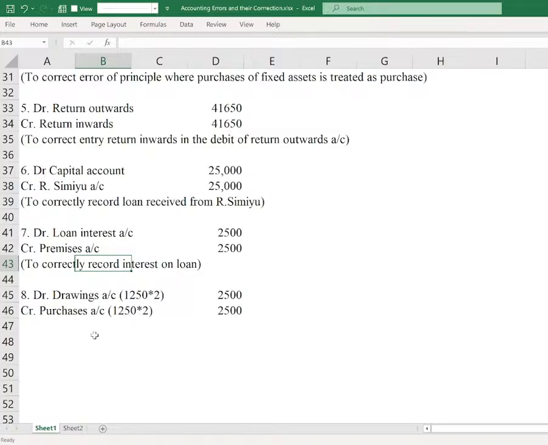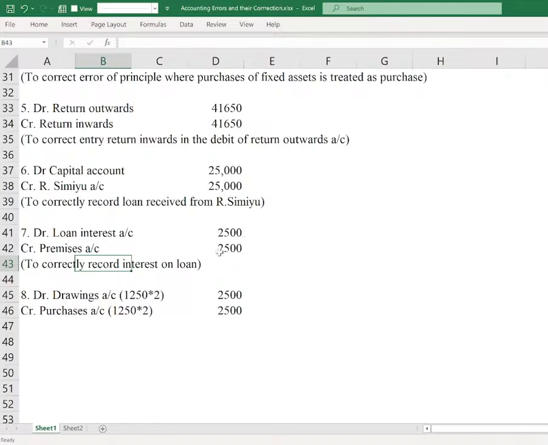We are going to correct by debiting the drawing and crediting the purchase account, but we have to multiply by 2 to cancel the first scenario, the initial debit, and correct the entries using the credit, or we enter the second credit entry.